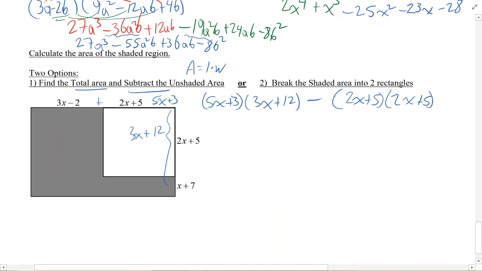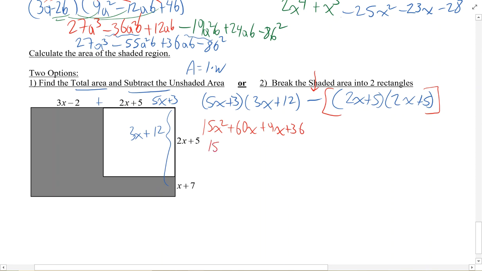Okay. And what we have to be careful of, the trick with this question, is right here. Your answer must be in big square brackets because of the subtraction sign. Otherwise, you're not going to subtract correctly. So let's multiply these out. We're going to get 15x squared plus 60x plus 9x plus 36.